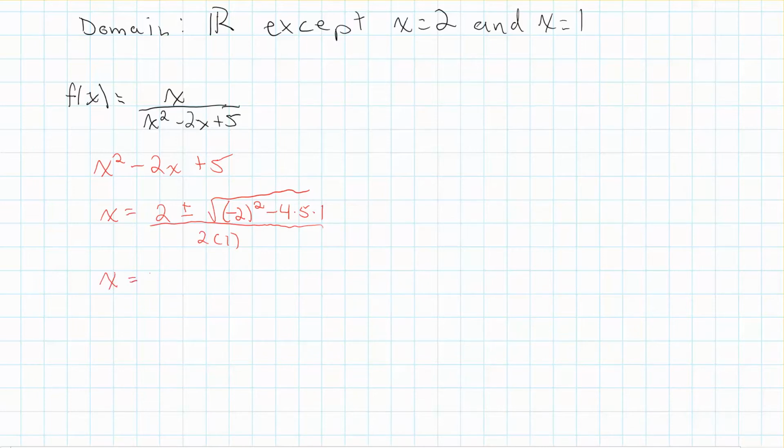So we get x is equal to 2 plus or minus the square root of 4 minus 20, all over 2. So we get x is equal to 2 plus or minus the square root of negative 16 over 2.